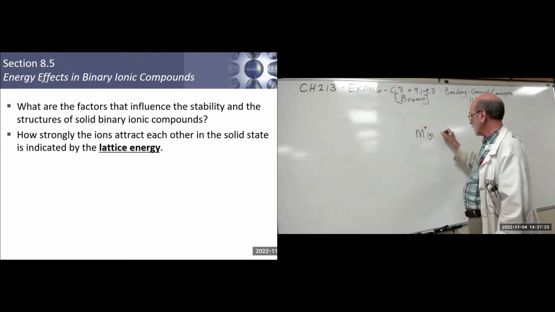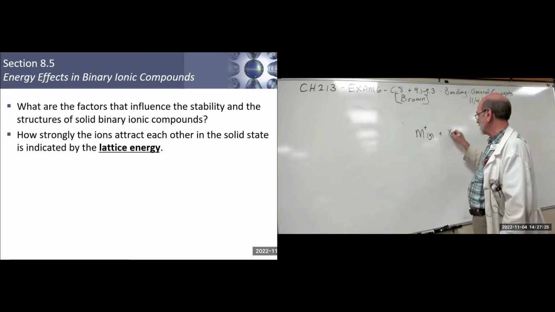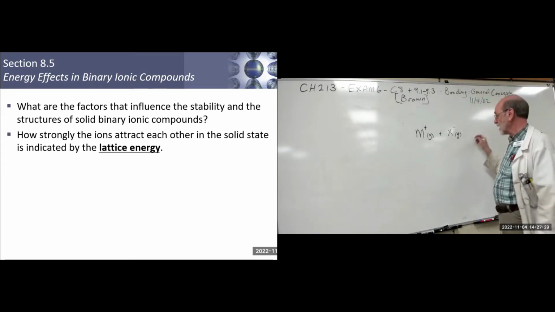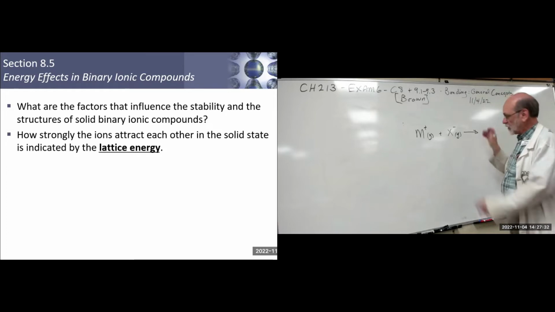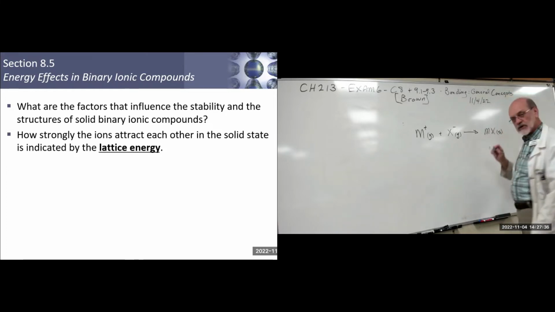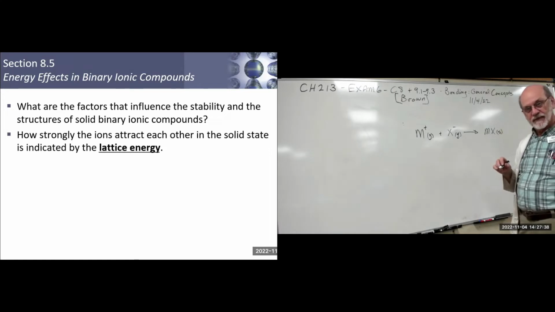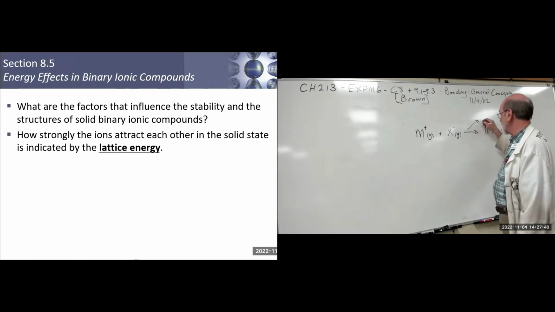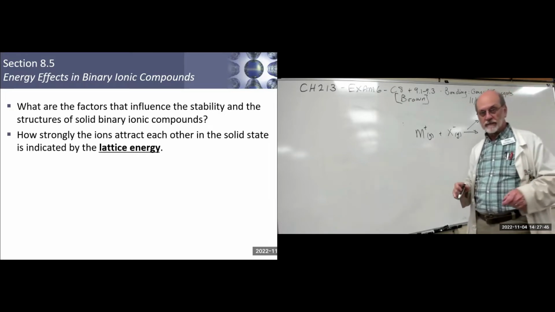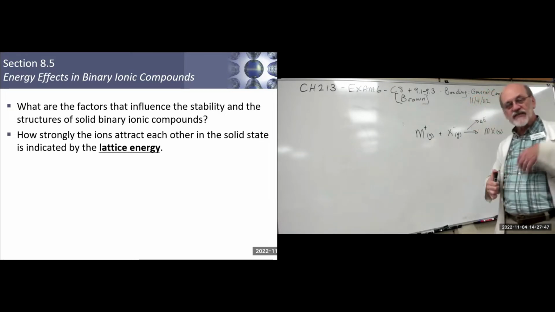Gaseous state here, and the anion, gaseous state there. What happens? Well, when those two come together, you get a solid. And then you give up energy. It's extremely exothermic. That's the lattice energy.